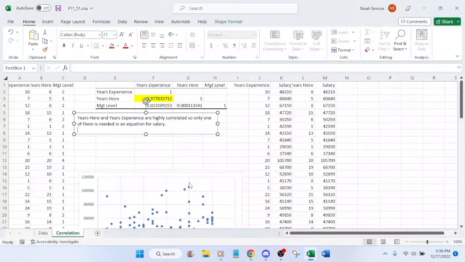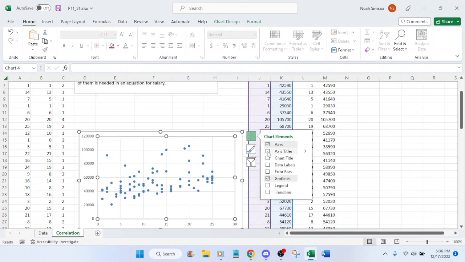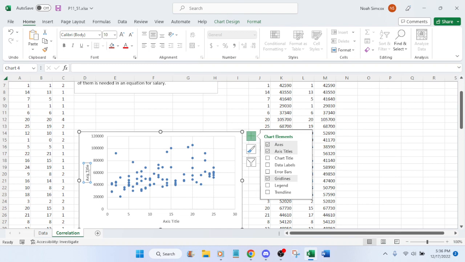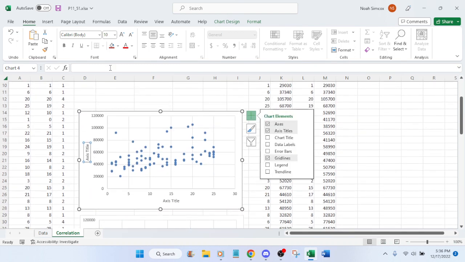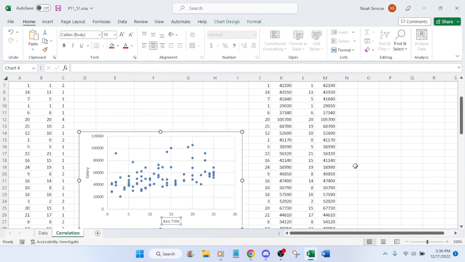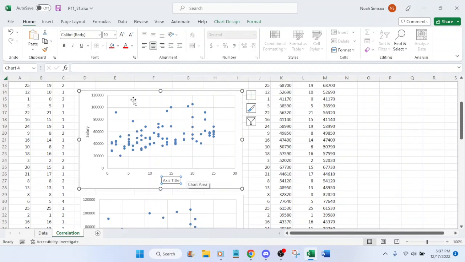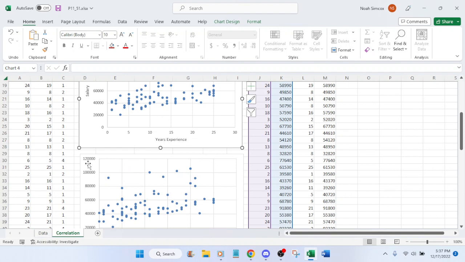Accelerate years here. I don't even remember which one is which now. The top one should be the first one, right? Years experience. Yes, that's right.